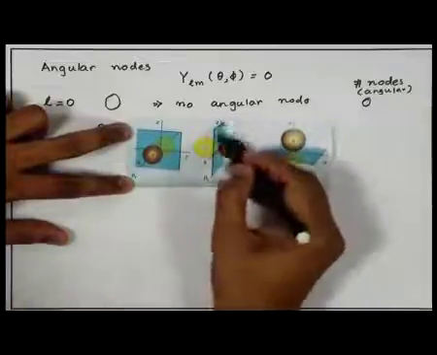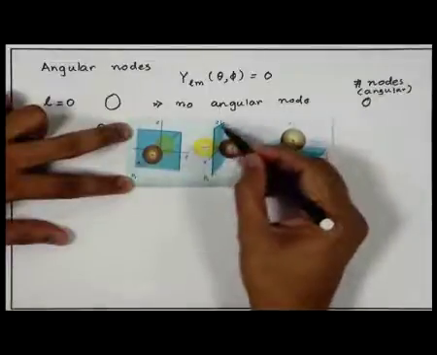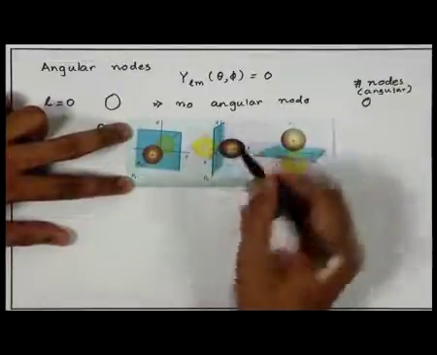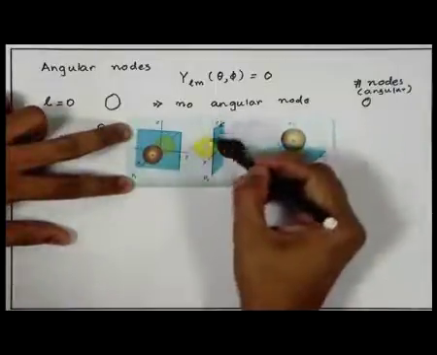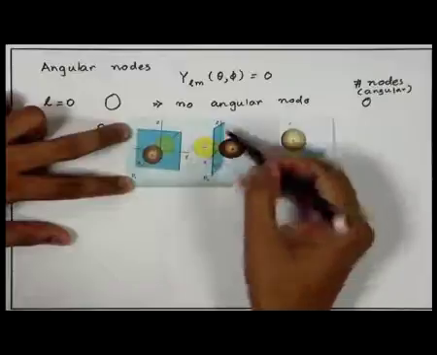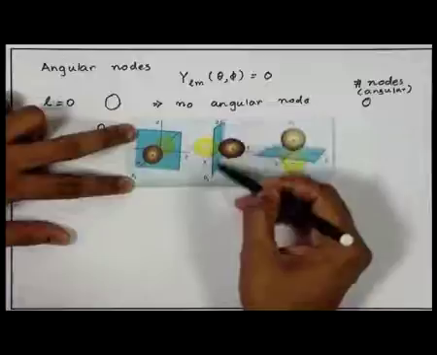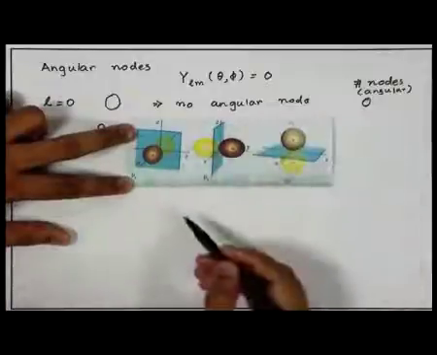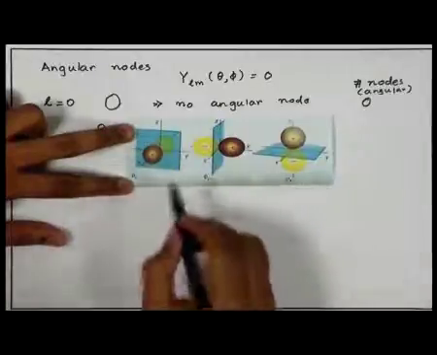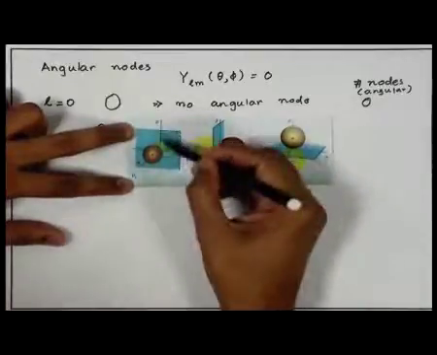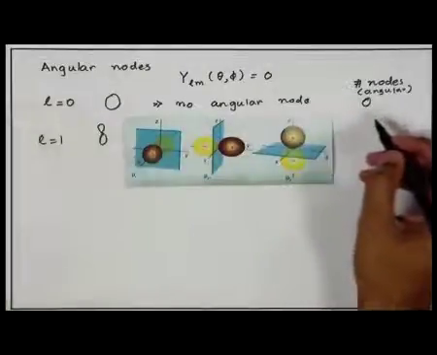So, on this plane that is highlighted here, you have no chance of finding the electron. The electron can either be on this side or this side, but not along this plane. So, this is called a nodal plane. This plane is coming because the orbital has a particular shape. With px, py, pz, they all have one nodal plane each, and that is coming because the angular component is 0.